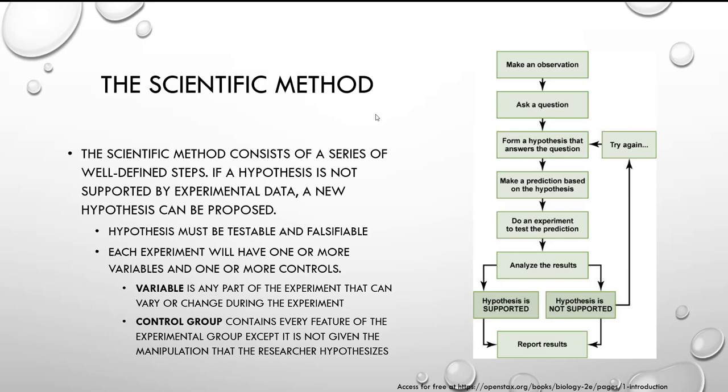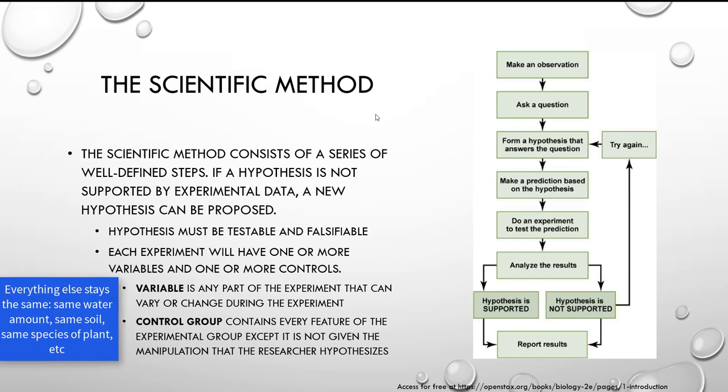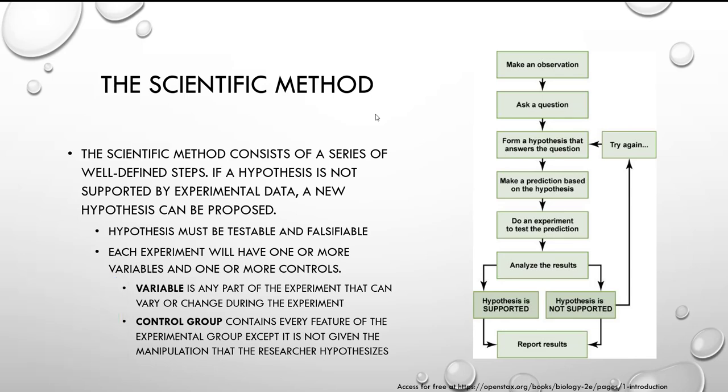I'll try to use the same type of plants, the same pots, the same soil, the same amount of water, the same access to light. Everything else I'm trying to do exactly the same amongst the treatments. The only difference is the control group gets no fertilizer, and the experimental group gets the manipulation, the fertilizer.